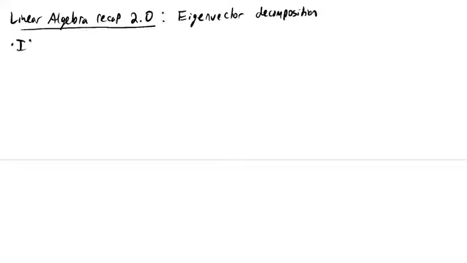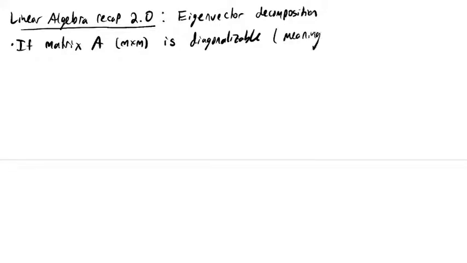So suppose your matrix A from above, which we're assuming is an M by M matrix, is diagonalizable. Meaning that A is similar to a diagonal matrix.